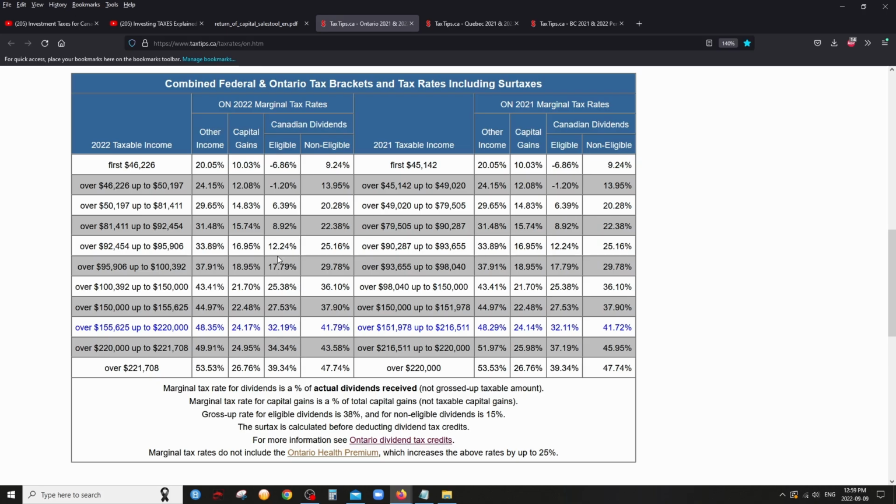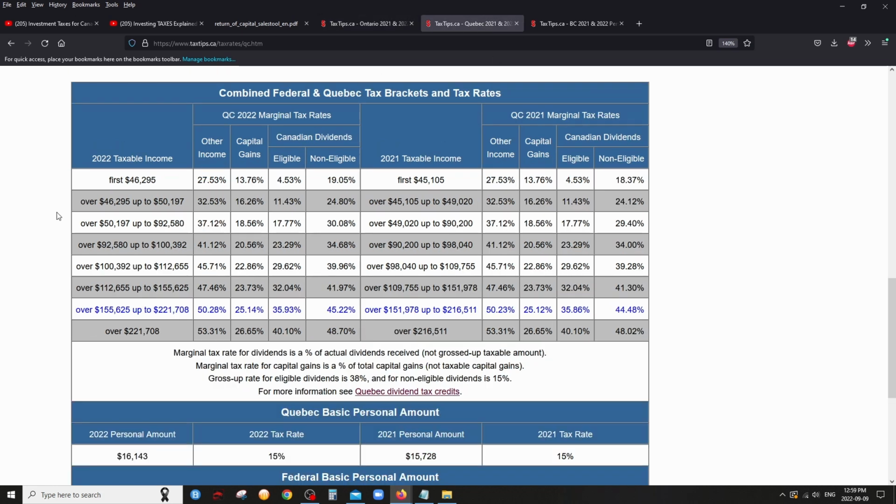This is what's really important to understand, everyone. Look at the chart for the province you're from, because Ontario is completely different from Quebec. Where I'm originally from in Quebec, the tax rates are completely different and actually much higher than Ontario. So you see here, if you're making less than 50 grand, you're paying 16% tax on capital gains and 11% tax on eligible dividends.